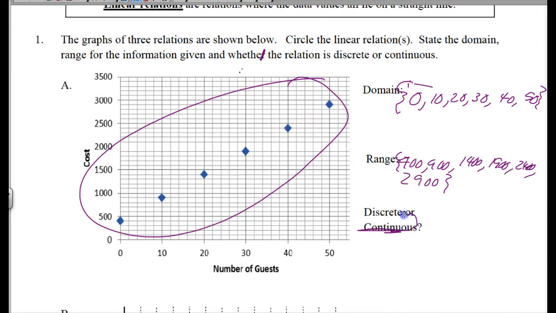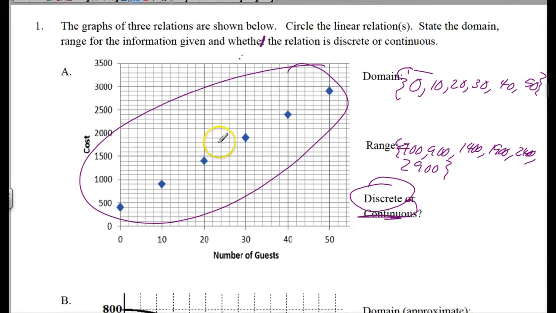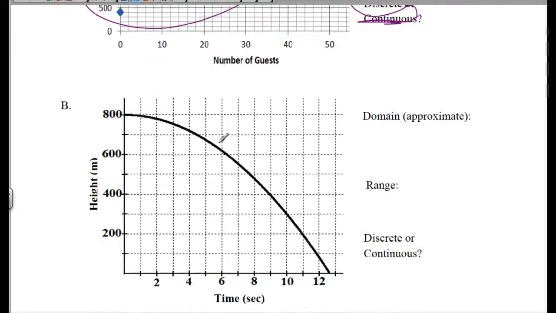It's discrete data. So it's linear, it's discrete. Domain and range are sets of numbers. And I think we've done it.